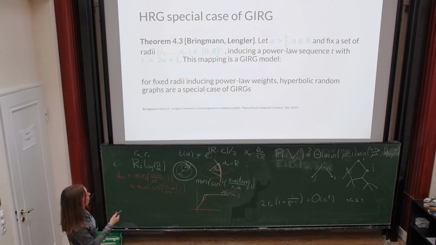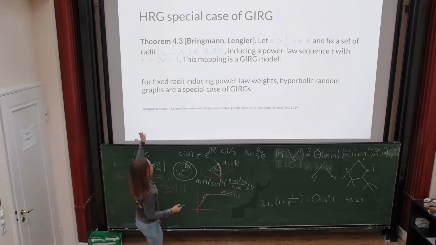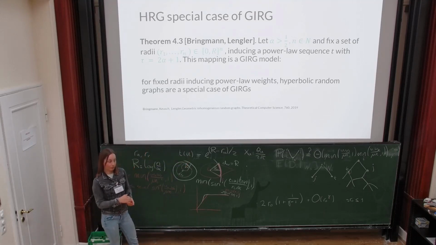So they conclude, even in their theorem, that for fixed radii inducing power law weights, hyperbolic random graphs are a special case of geometric inhomogeneous random graphs. You can also prove it when you sample them randomly, but they didn't do it in this paper.